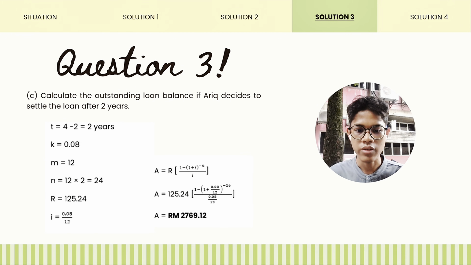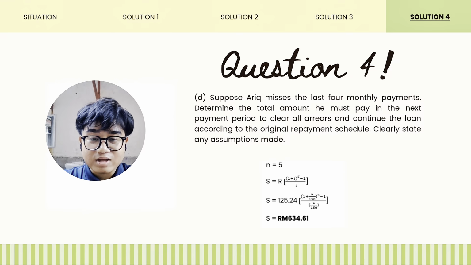The m value is equal to 12 because it is compounded monthly. n is equal to 24 and R is equal to 125 ringgit 24 cents. By using the future value equation, we are going to find A. And after we insert all the values inside the equation, we get the value of the remaining loan, which is 2,769 ringgit 12 cents.